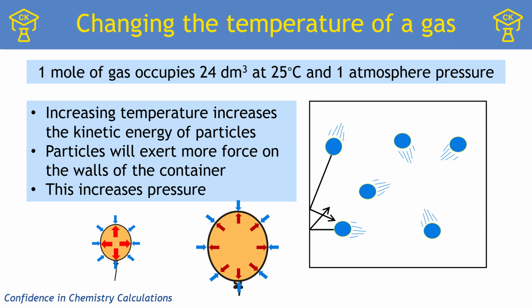The reason you get to the same pressure is that as the volume increases, that gives more space for the particles to move around, even though they're now at a higher temperature moving faster. And so eventually they will be colliding with the walls of the container less, and the pressure will get back to atmospheric pressure or whatever pressure is acting on the outside.